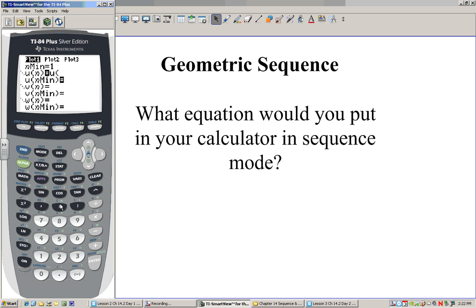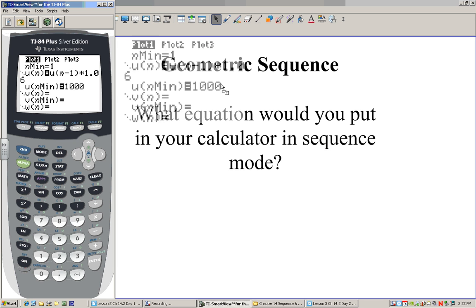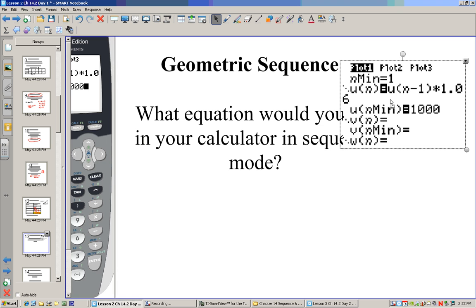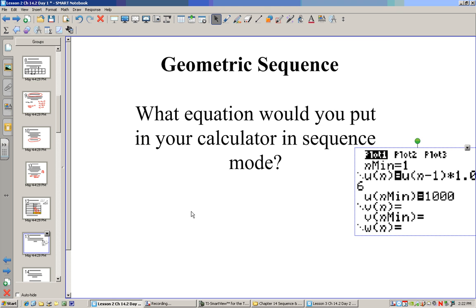So u sub parentheses n minus 1, times 1.06. Now our starting value is 1,000. That's what we put for u of n min.